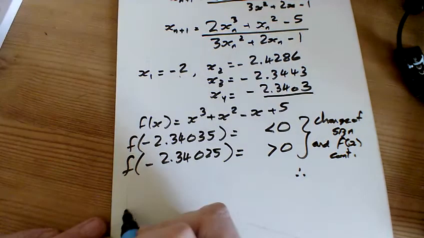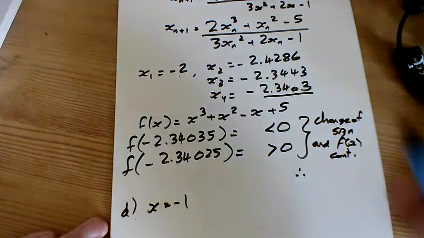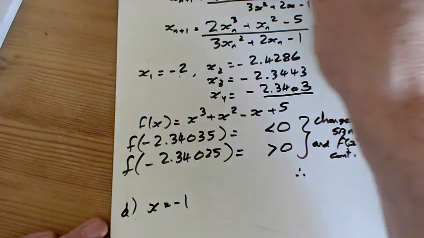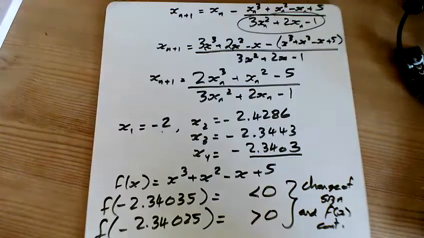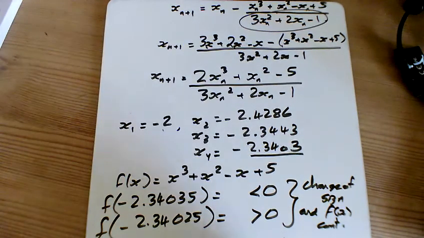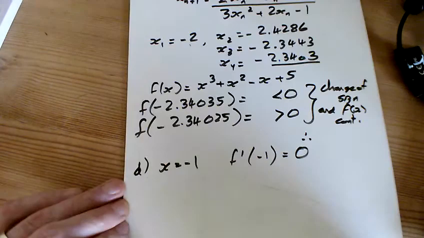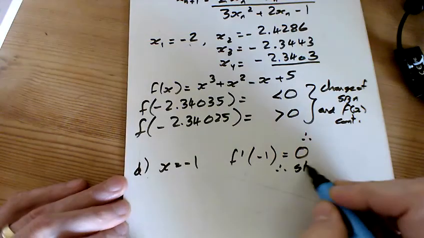Nice. Part D. What happens at x equals minus 1? Well, at x equals minus 1, if you go all the way up to the top there again, this was the derivative. F dashed of minus 1 equals 0. And that means it's a stationary point.